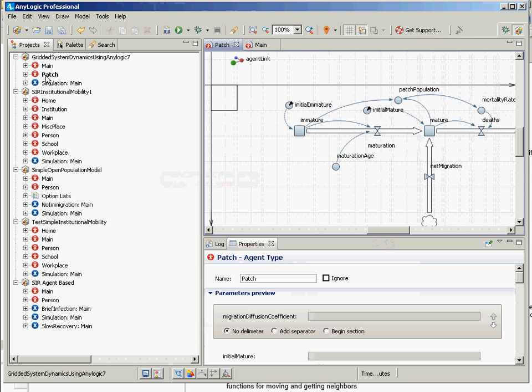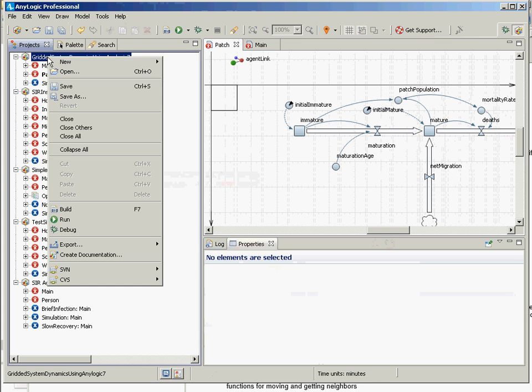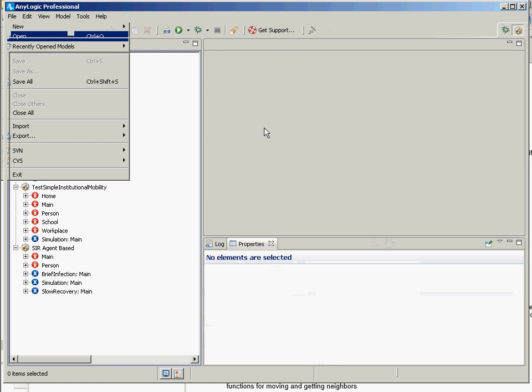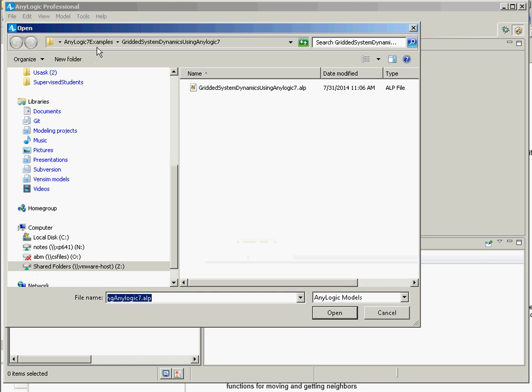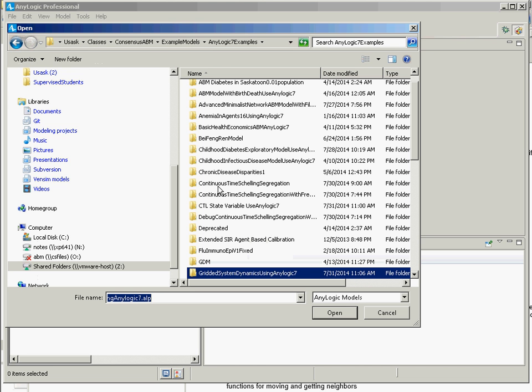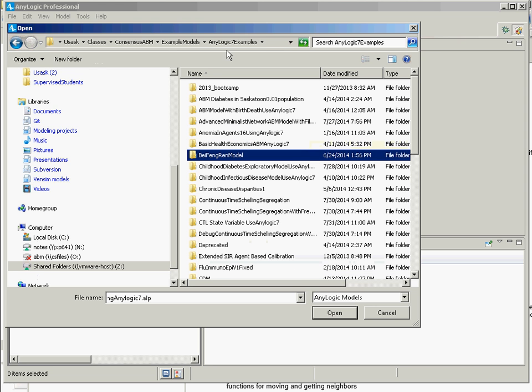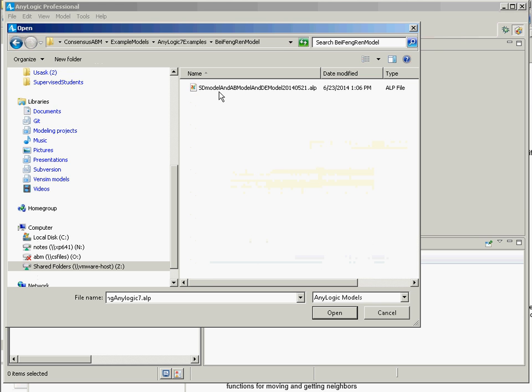Let's go on to a very different sort of model, and specifically, I'm going to draw on a model that's called the Beifeng-Ren model here. So it's a model associated with end-stage renal disease and diabetes within our province.